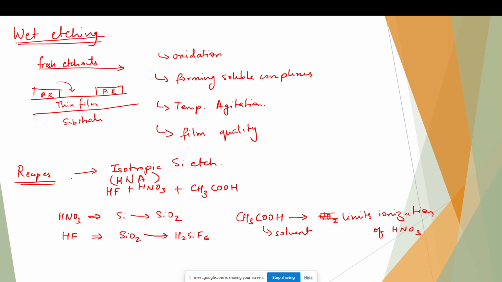Another important recipe that we have learned is for anisotropic etching. It is very difficult to actually get anisotropic etching recipes in wet etch, but it is possible, and it is very highly researched in the case of silicon.